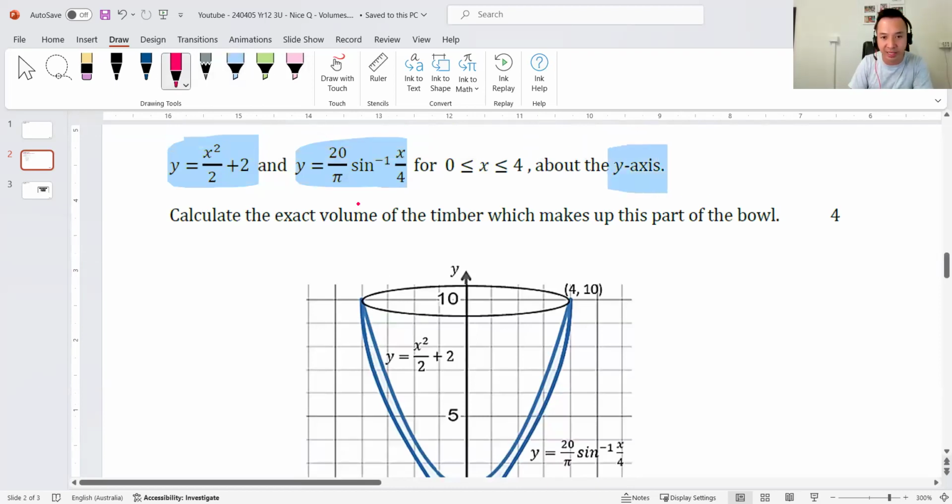So we're rotating about this axis. What that means is that when we use a formula, obviously we're going to take a difference.